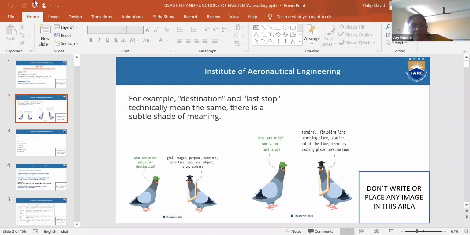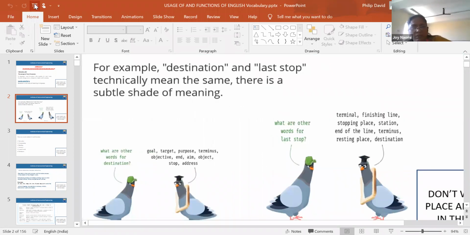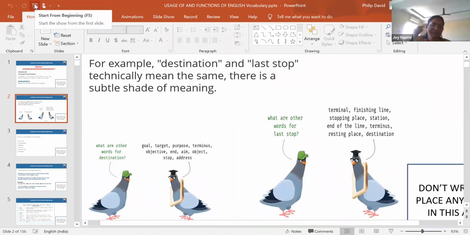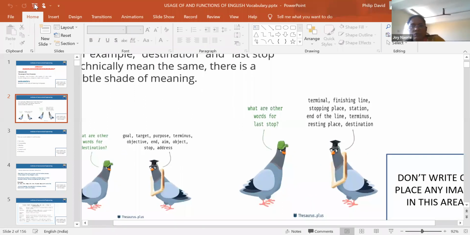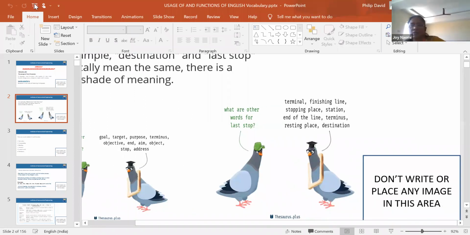For example, the meaning of destination is... can one of you read the meaning of destination? P5? Please unmute yourself and read the meaning of the word destination.